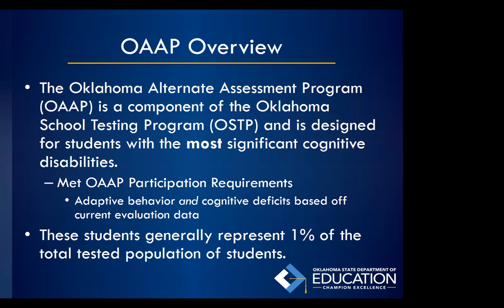But again, there are certain participation requirements for these students. These students generally represent 1% of the total tested population of students. So that's not the special ed population, that's the total tested population of your district per se. So it would be grades 3 through 8 and grade 11. These students generally represent 1% of that population.